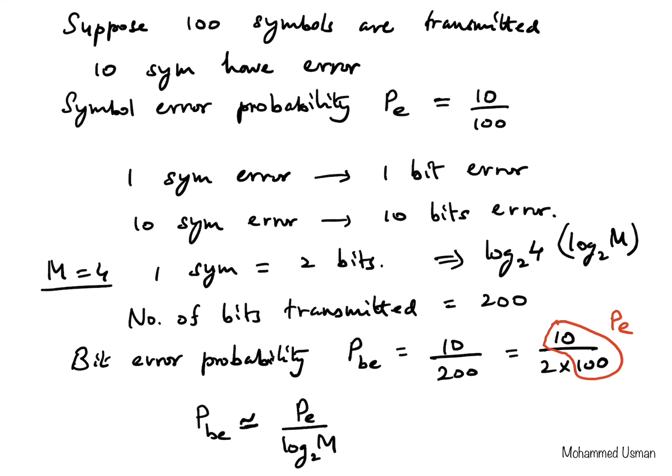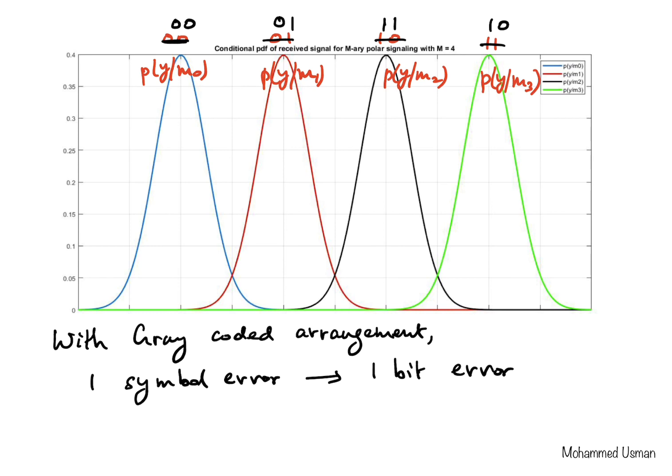The reason is because although with the gray coded arrangement, there is a high chance that each symbol gets mapped onto a neighboring symbol, and that means one symbol error will lead to only 1 bit error, it does not exclude the chance of more than 1 bit error.